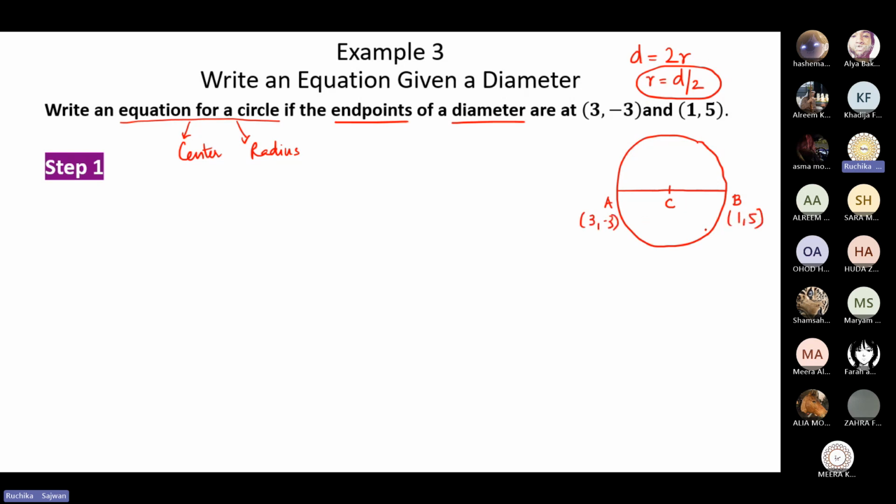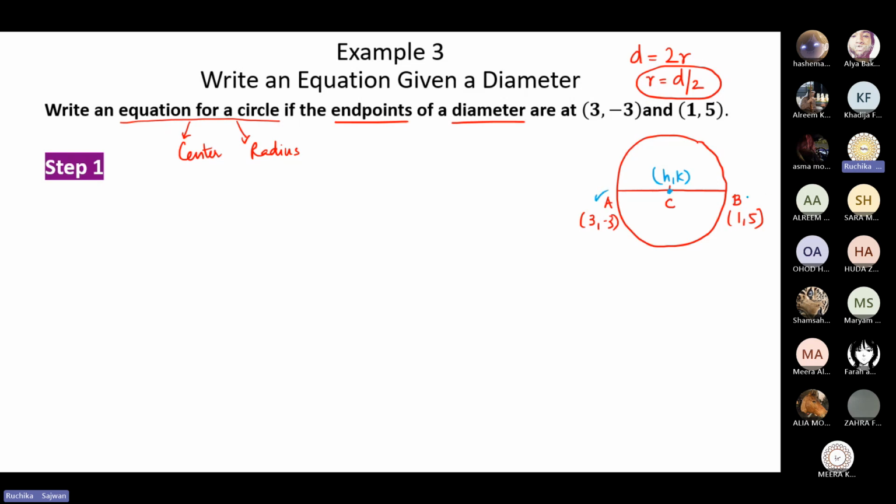Now, listen to my question carefully, I'm changing the color of my pen at the moment. If I want you to give me the coordinates x comma y, or better I should write h comma k, because the formula says h comma k. So if I'm using h comma k, the center, and I ask you, dear girls, C is the center which is lying in the middle of the endpoints of the diameter.